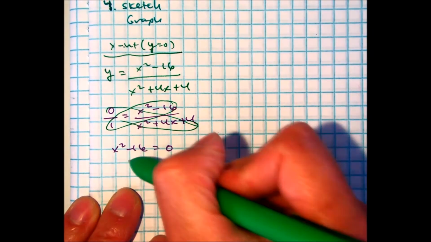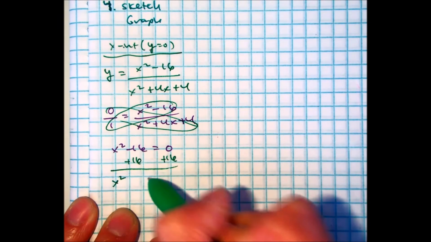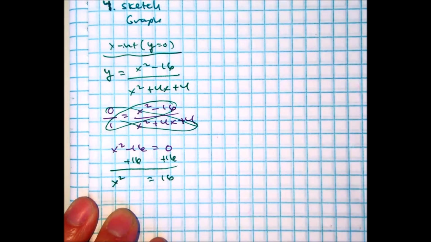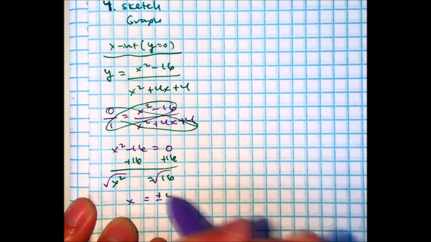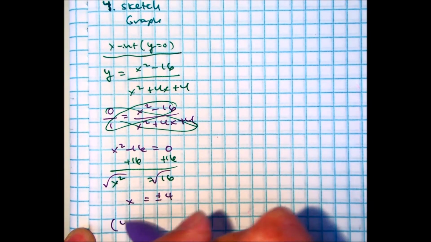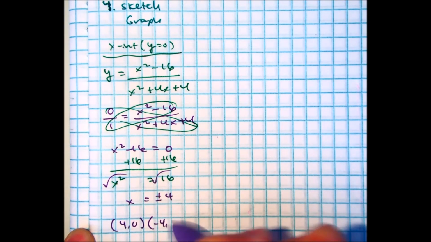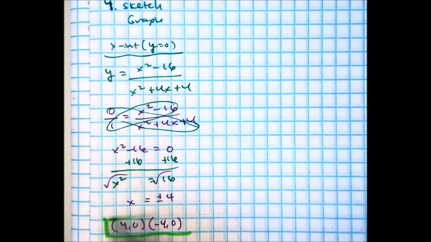So I have x squared equals 16. If I take the square root of both sides, x is equal to plus or minus 4. My ordered pairs are 4, 0 and negative 4, 0. Is that alright? Yeah, I always forget this.